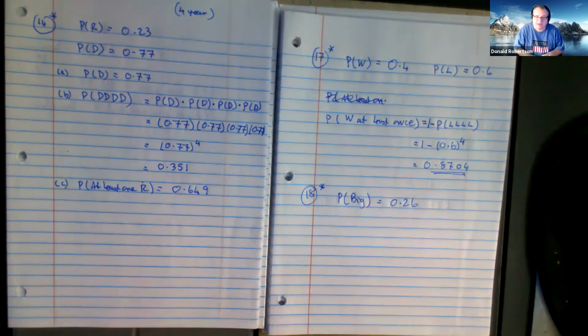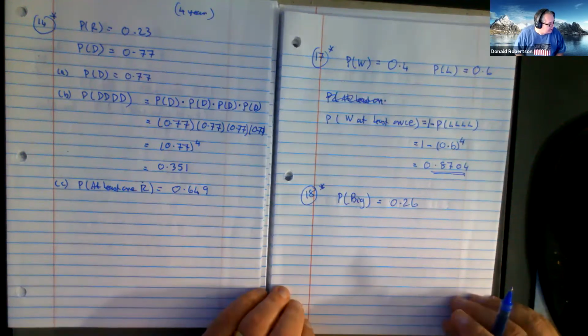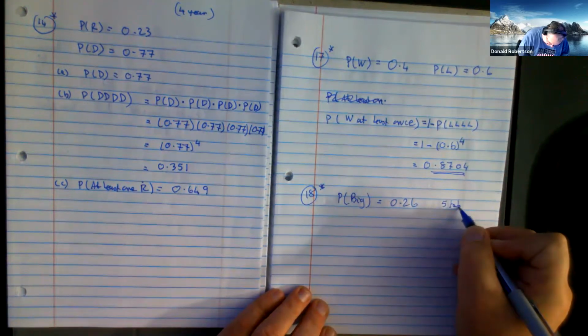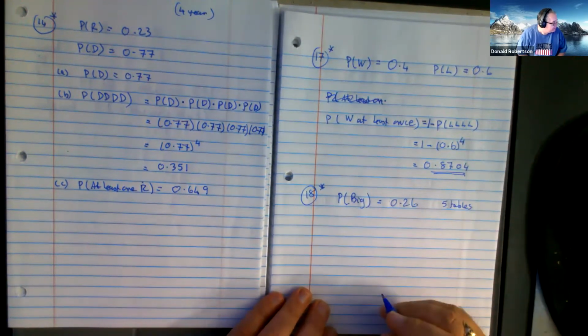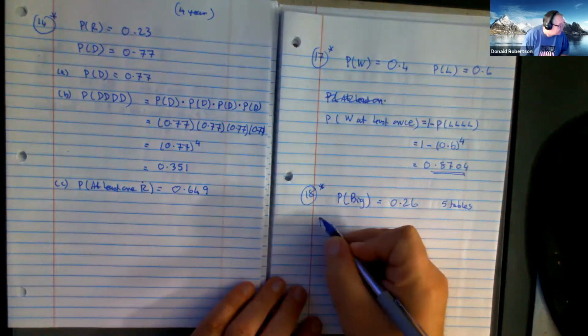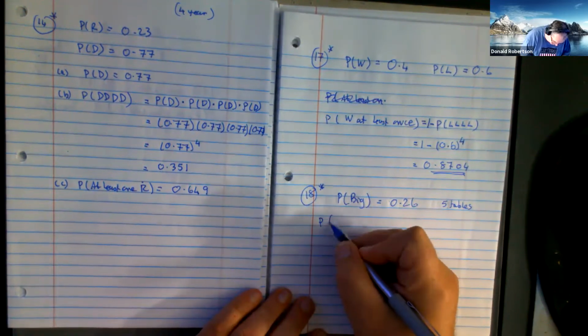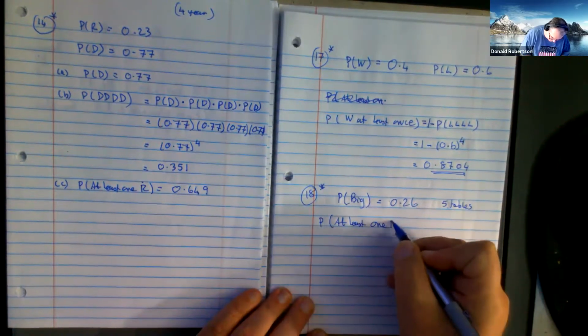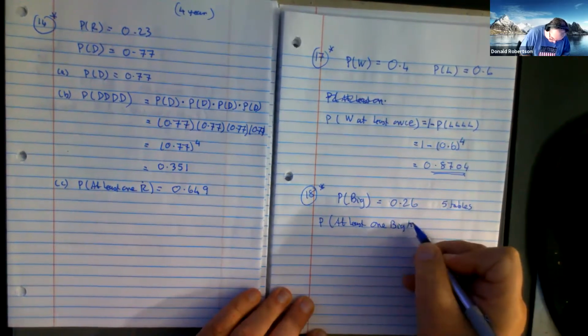So if she goes to any table that she waits on, there's a 0.26 chance she's going to get a big tip. That's nice to know. And it's independent of the next customer. They just do it to qualify. And she's going to do 5 tables. And we're being asked to find what's the probability that she gets at least one big tip, right, out of 5.